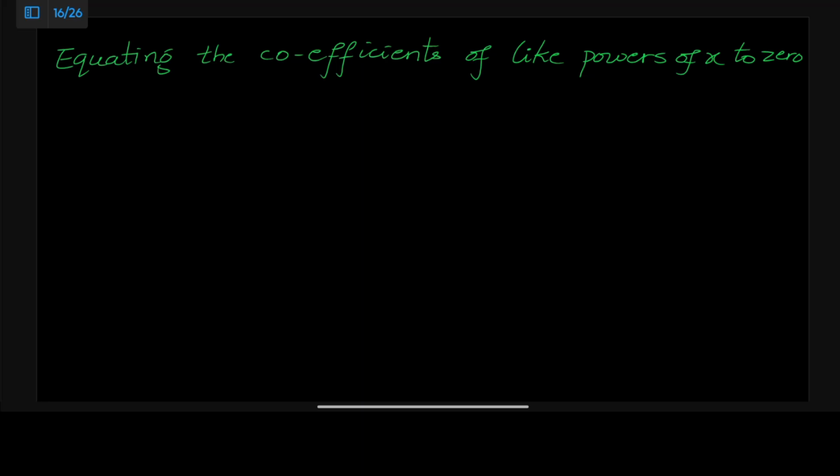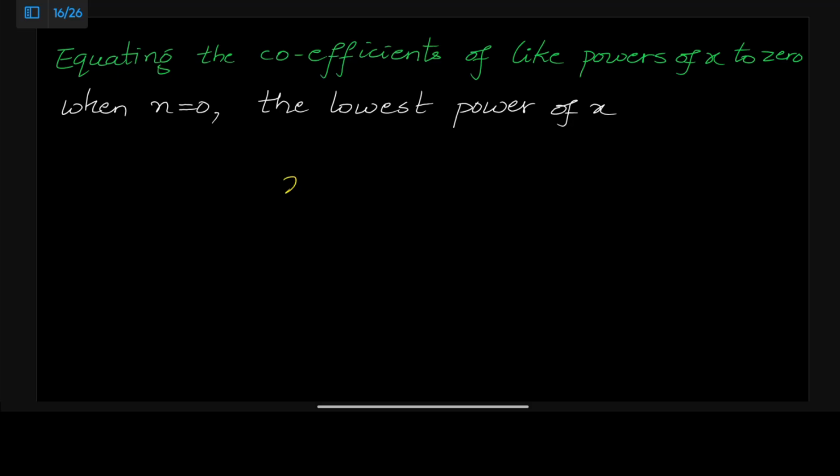So when n becomes 0, I can get the lowest power of x. Now just see, you had x raised to k plus n minus 2 and another power was k plus n.